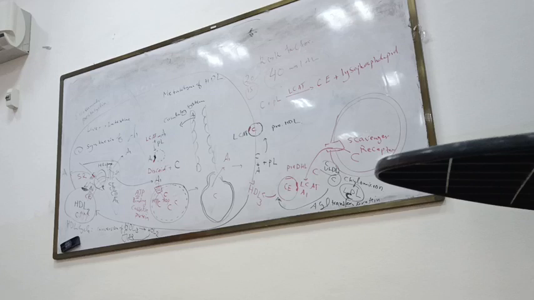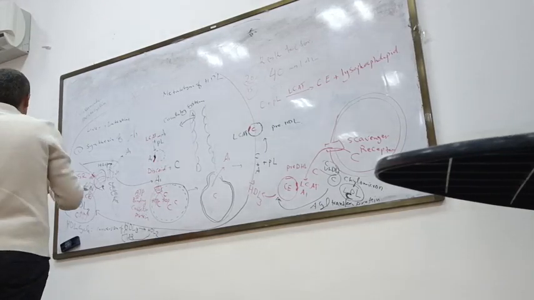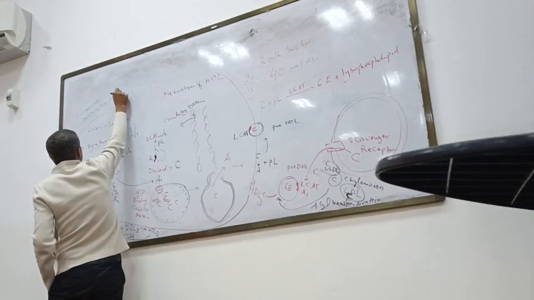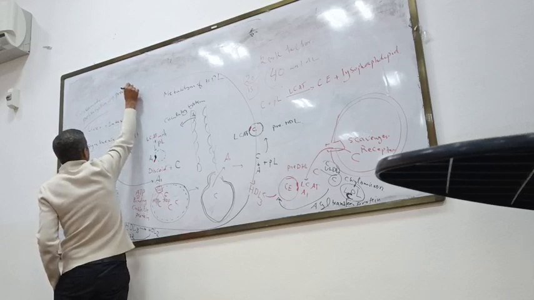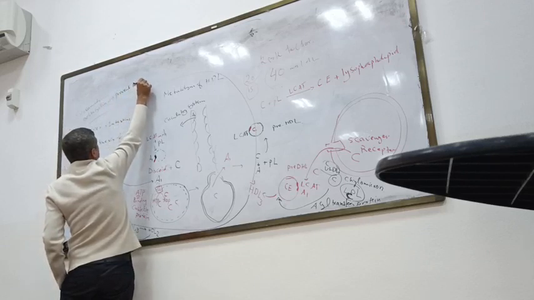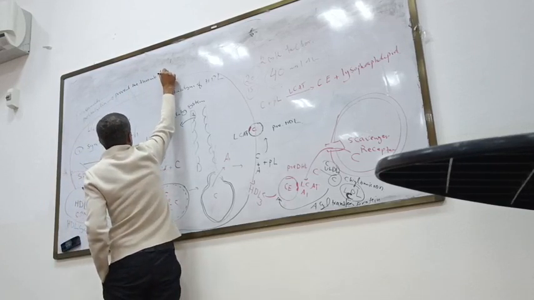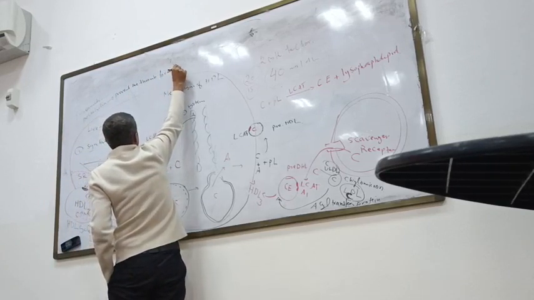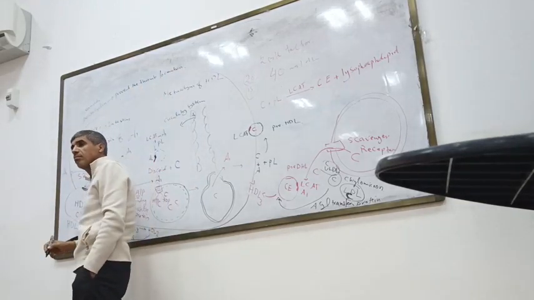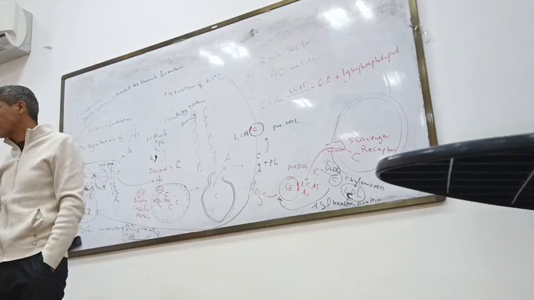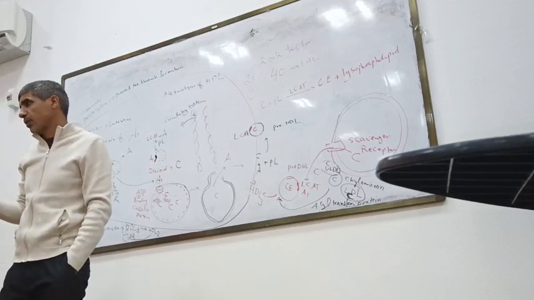Okay. Anti-inflammatory compounds also prevent platelet aggregation, preventing thrombus formation. That means high density lipoprotein decreases the probability of stroke or thrombosis formation.